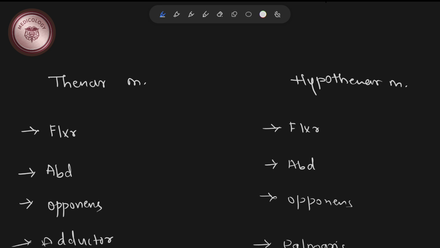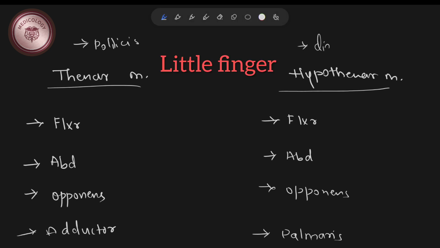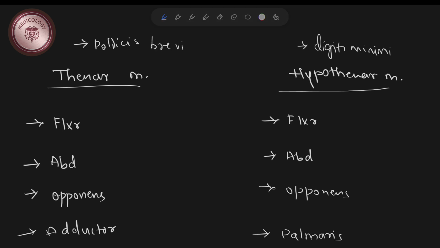Okay, and one more idea: they are the muscles of the hand, so they can't be long muscles, they are short muscles. For the thumb, we are using pollicis. And for the little finger we are using digiti minimi. And all muscles in the hand will be short, so they are brevis, small muscle. So we will add here flexor pollicis brevis, abductor pollicis brevis.